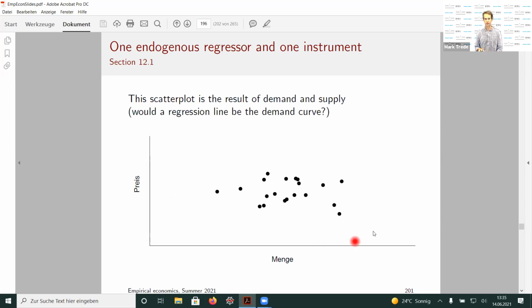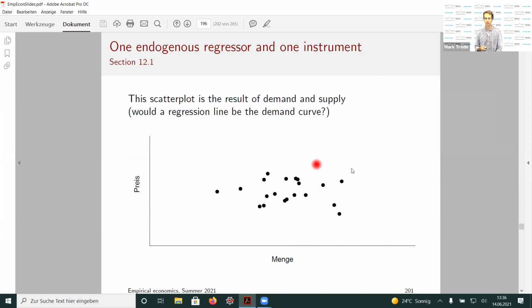Yeah, suppose these are the equilibria that we observe. So the different combinations of price and quantity. And these dots are really just the results, the equilibrium results of shifting demand and supply curves. So putting a regression line through here would not be a demand curve. It would not be a supply curve either.